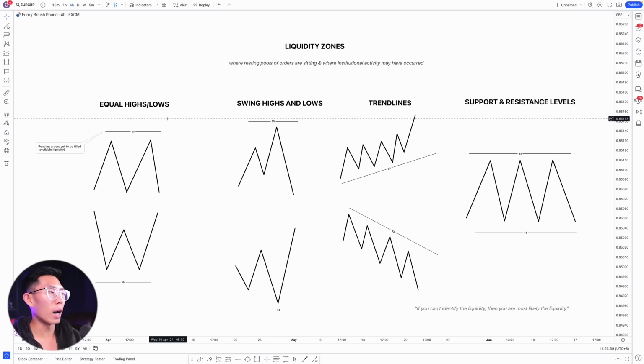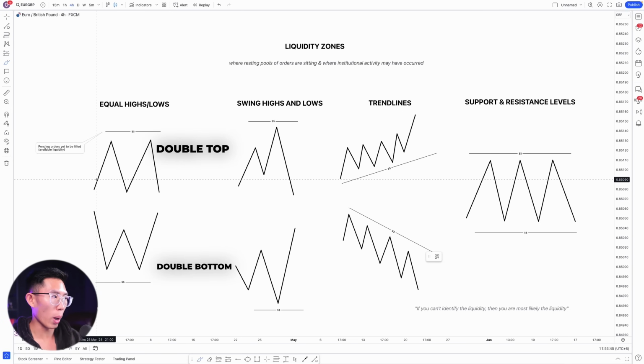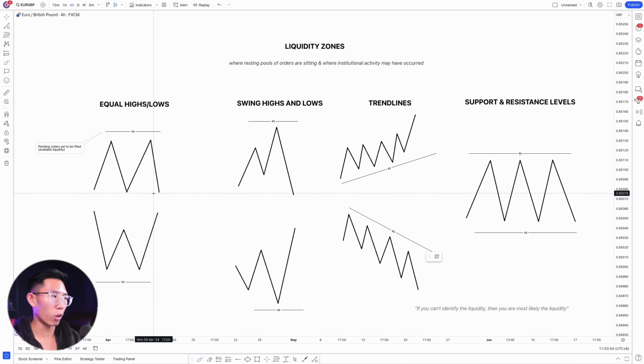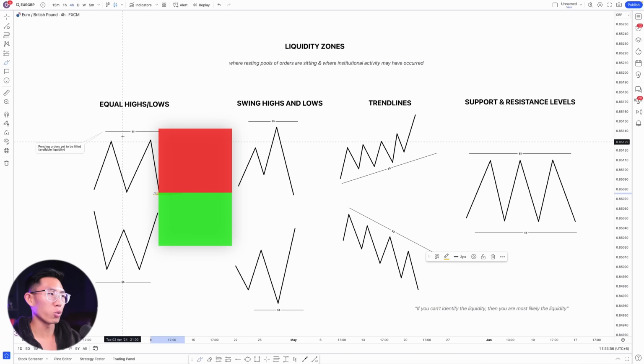So if you look at equal highs and equal lows, this is actually your double top and double bottom chart pattern. It's where price creates the first top and then comes back up to retest that top before collapsing. And when retail traders see this, they will most likely enter for a sell right here, after price creates this double top. And what happens next is that they're going to be placing their stop loss above these highs right here.